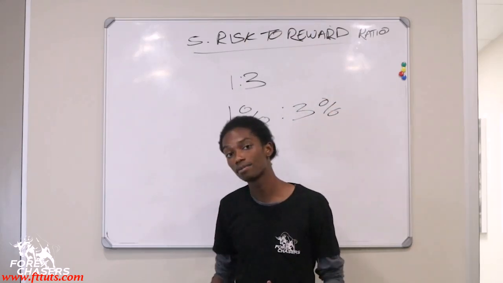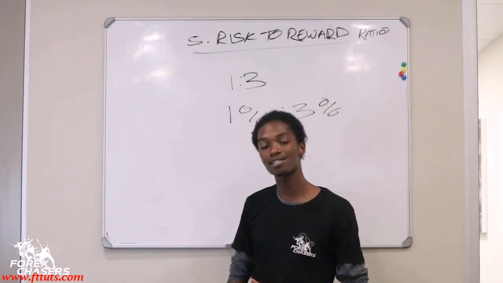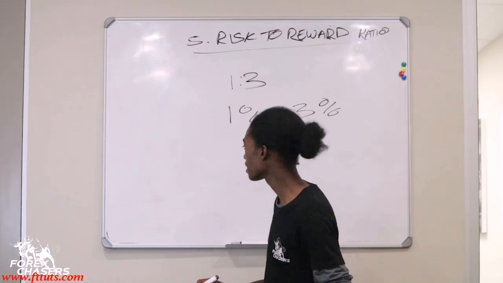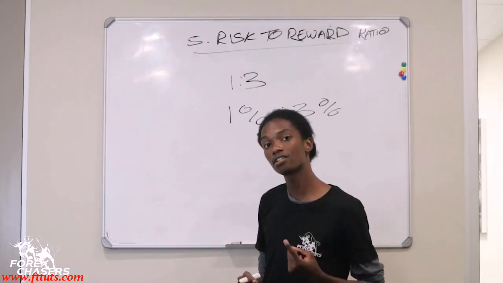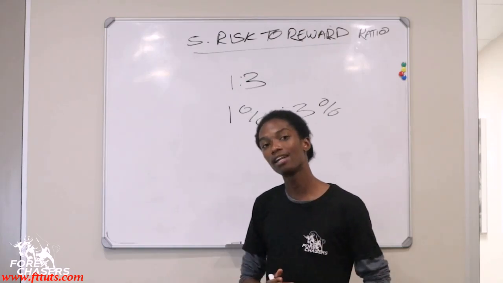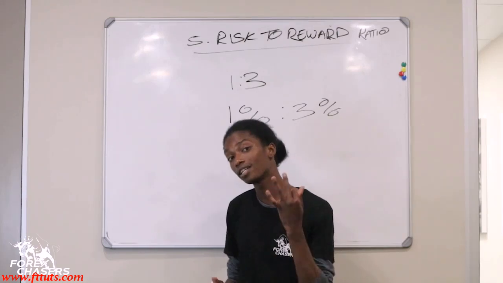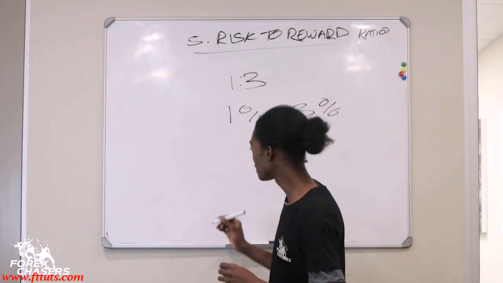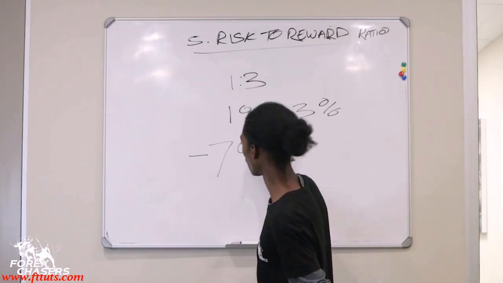Now, how this helps is that if we do the maths, let's say we have a sample size of 10 positions. For each of these 10 positions, we're going to risk 1% to make 3%. Now let's say our strategy only has a win rate of 30%, which means that we lose 7 trades in a row.